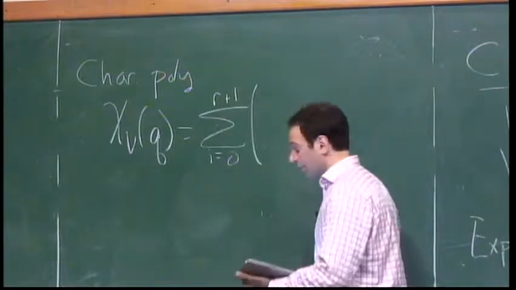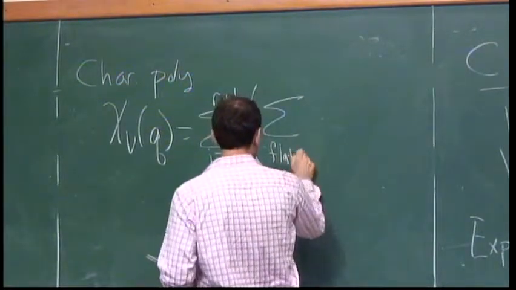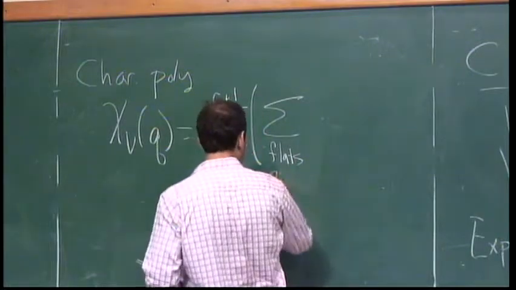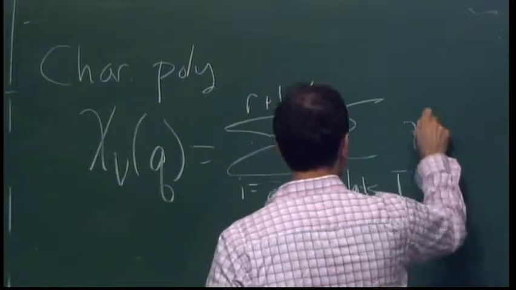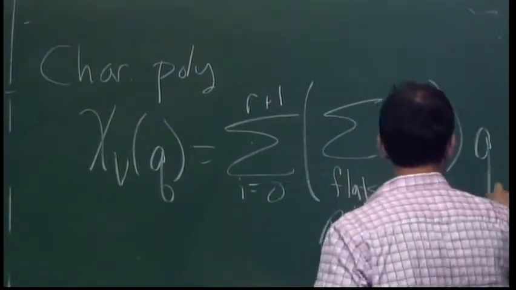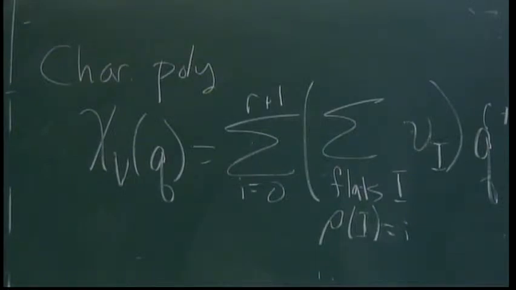So we let i run over all the possible ranks of flats. Then we sum over the flats of rank i. And then we have a variable q, raised to the dimension of the flat.